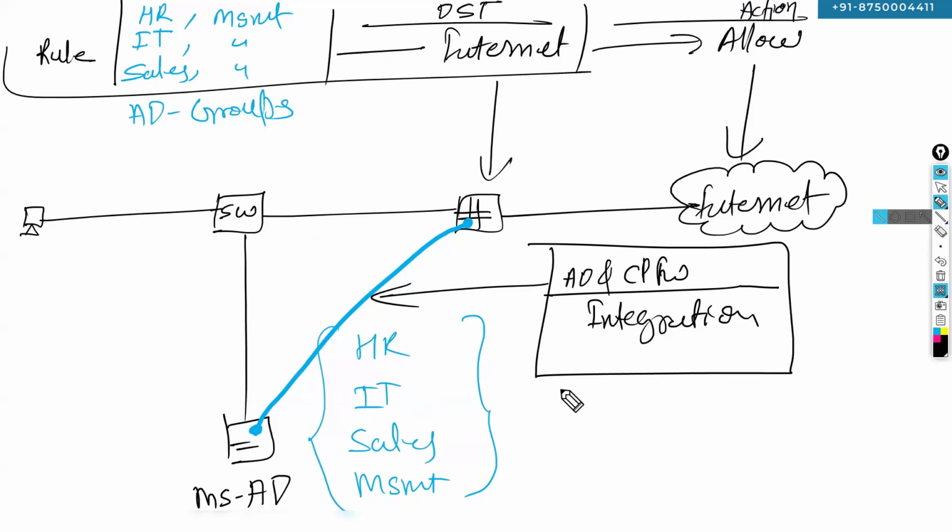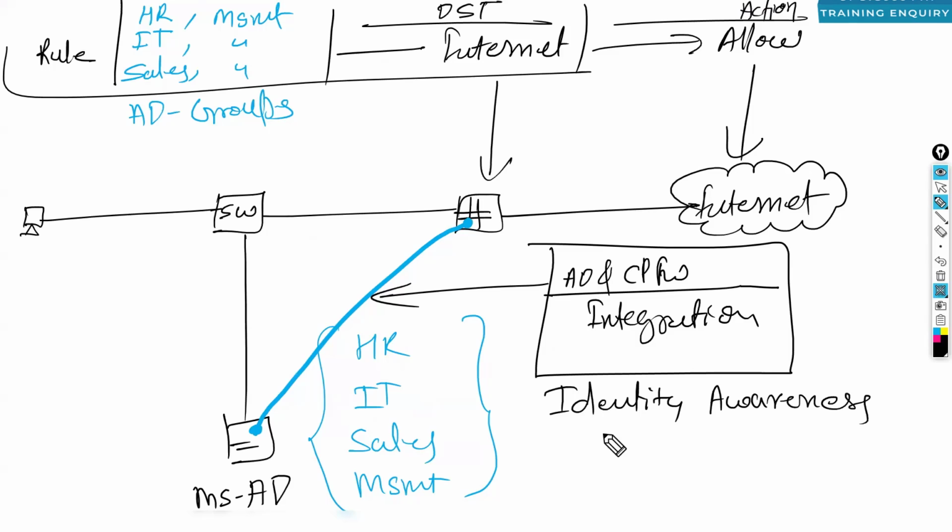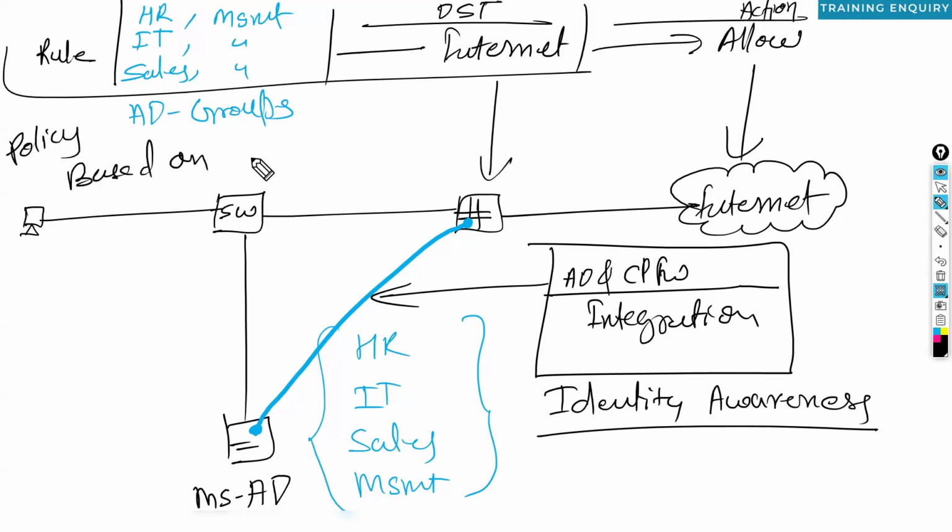Why will we do this? We will do this for two things. First, as you can see, in the previous scenario we configured policy based on IP, but now we don't want to. We want to configure policy in our firewall based on AD groups.